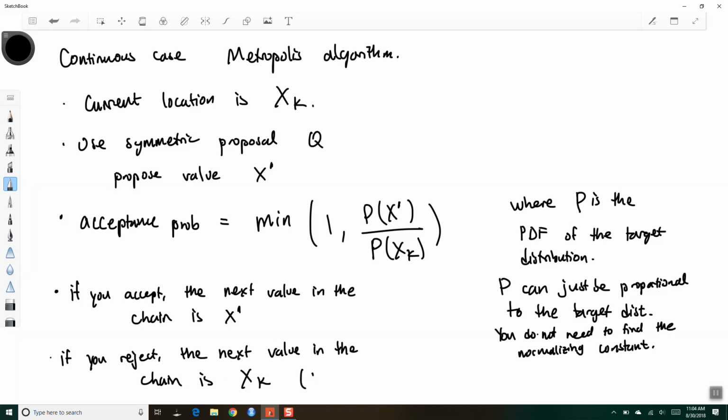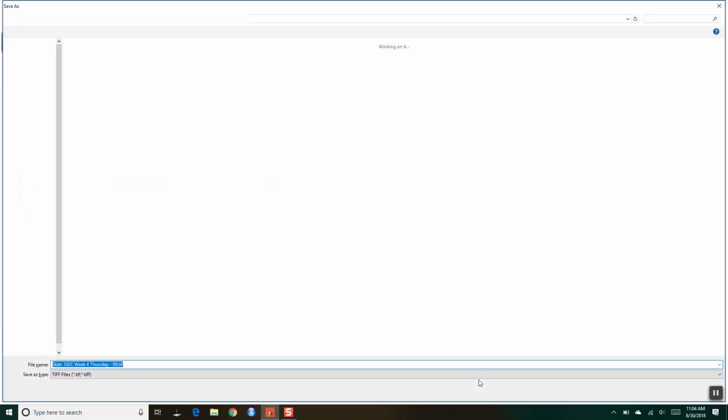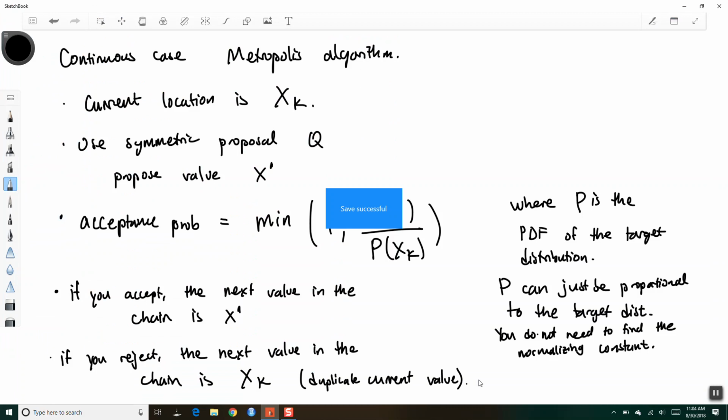So you just duplicate the current value. All right, is this okay?